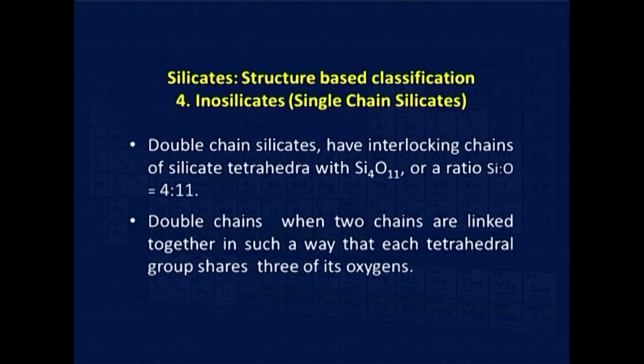The double chain silicates have interlocking chains of silicate tetrahedra with Si4O11, or a ratio of silicon to oxygen of 4:11. In the double chain, two chains are linked together in such a way that each tetrahedra group shares 3 of its oxygens, meaning all 3 oxygens are getting utilized.